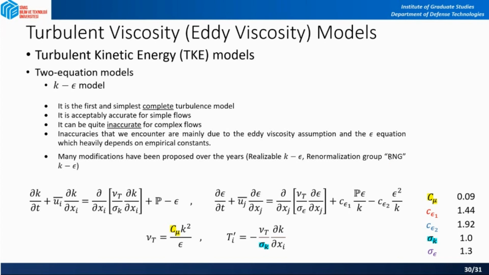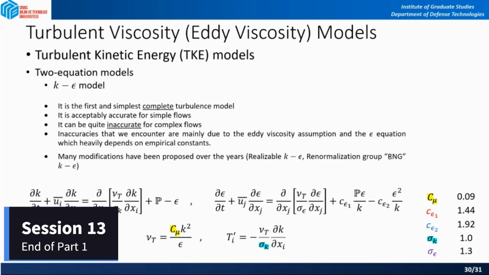Of course, during the years, the standard K epsilon has been developed further, and now, as I said, we have RNG, realizable K epsilon, we have K omega, and different varieties of that. And right now, we don't have time to talk about all these models one by one, but this K epsilon was the starting point of the two equation models that you see in your CFD codes.